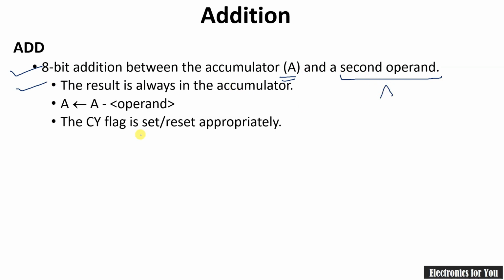So accumulator plus operand, and the result will automatically be stored into the accumulator. And in this case, the carry flag may be set or reset according to the result.